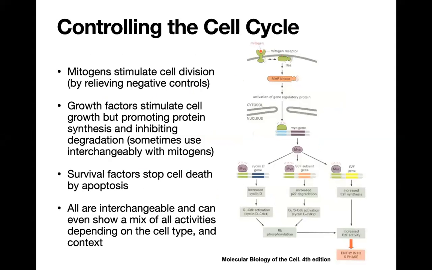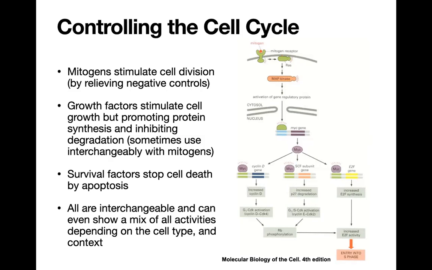Here we're thinking about extrinsic signals, and these are secreted factors that act on neighboring cells. You have mitogens that stimulate cell division, and these can act either by relieving negative controls, or by positively transitioning the cell between the different phases.